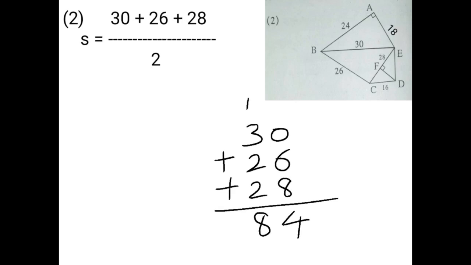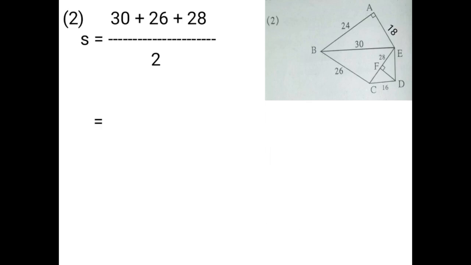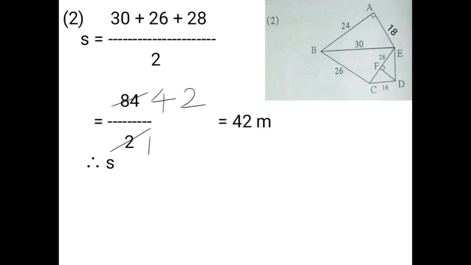After adding these numbers, the answer is 84. That is 84 upon 2. Now you have to do two table cancellation. 2 ones are 2, 2 4s are 8. That is equal to 42 meter. Therefore, semi-perimeter is equal to 42 meter.